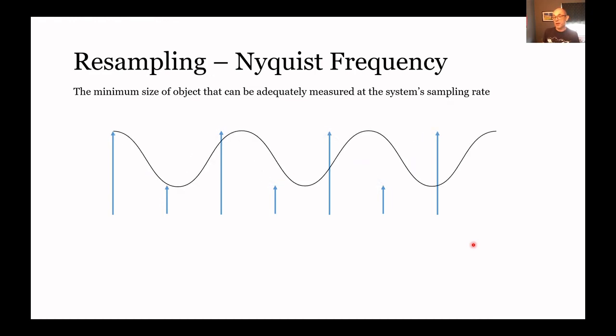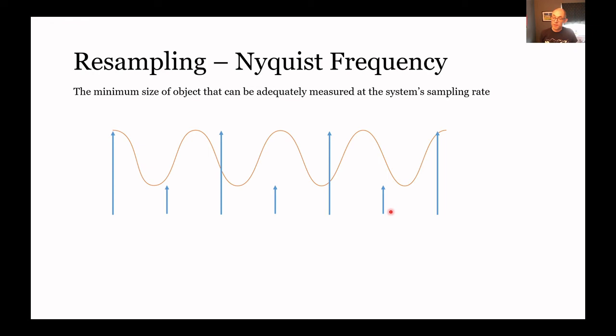If we then have a signal that's coming at a lower frequency, so our sampling frequency is higher than the natural frequency of the thing we're interested in, the size of the object we're interested in, then again we can capture enough information to adequately recreate this signal. We're getting all the peaks and troughs if we make a couple of assumptions that there's a sine wave behind this. If, however, we have a waveform that is of a higher frequency than our sampling rate, we end up missing important information.